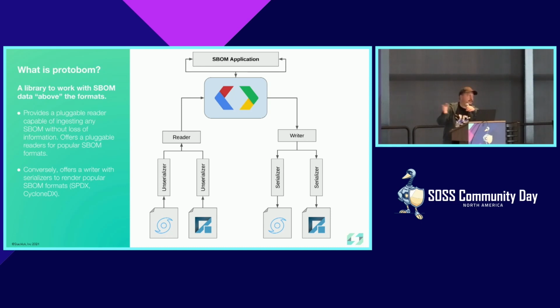And if you need to output any native format, you can go from that representation to the native formats. We currently support, I think, the last 3 versions of CycloneDX, SPDX 2.2, 2.3, and we have a beta of SPDX 3, which is coming this week.